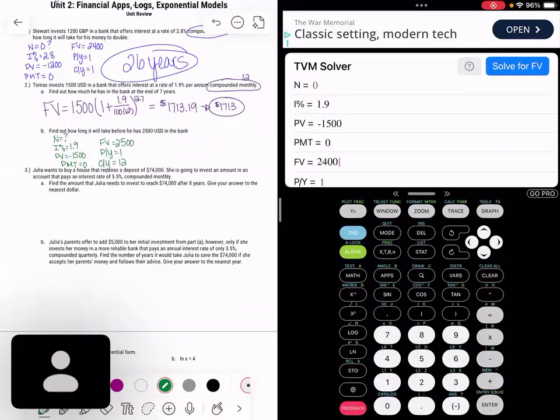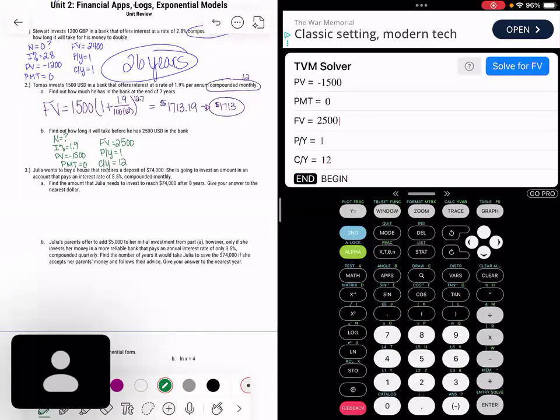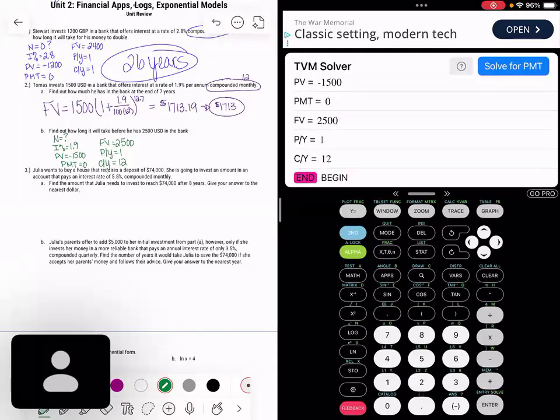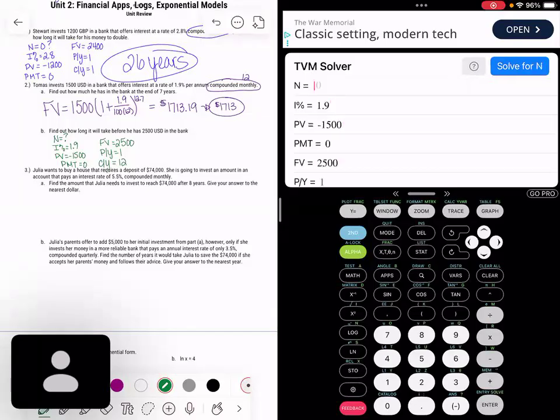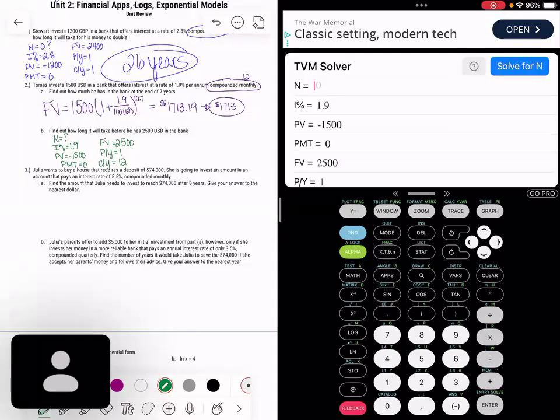Enter, enter 2,500, enter, enter 12. All right, so I want to find how long, so I'm going to go back up to N. Really doesn't want to cooperate with me. There we go. Alpha, enter. 26.9, so 27 years.